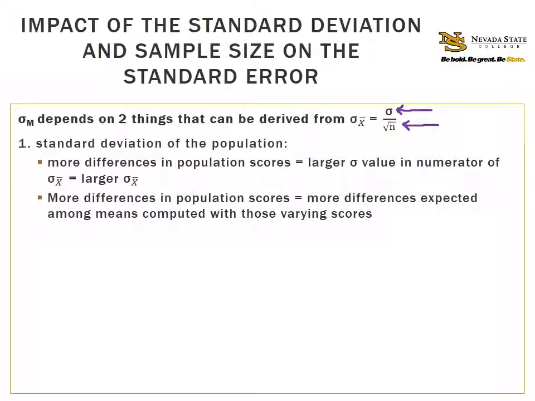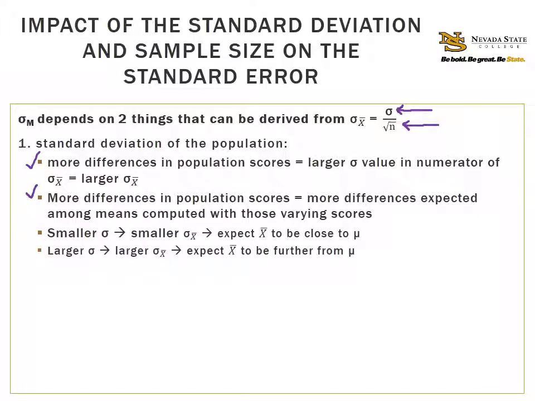If you have a larger value in the numerator of a fraction, you're going to have a larger value overall. But if we think about this conceptually, if you have more differences, more spread in your scores in the population, then you're going to expect more differences just due to chance. Because if the scores are all spread out, then your means from those scores are also going to be pretty spread out.